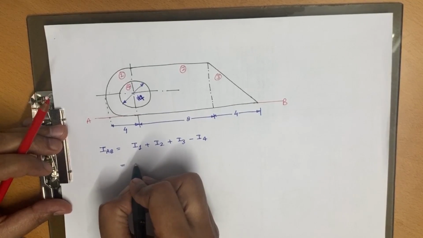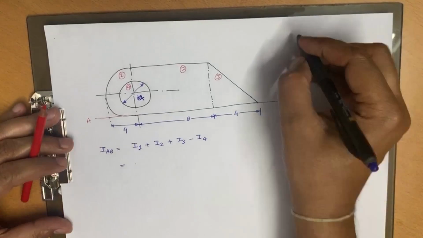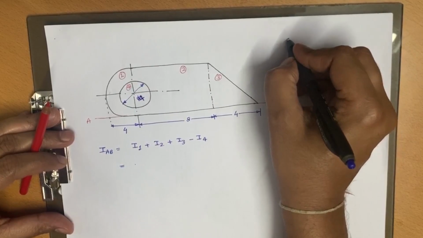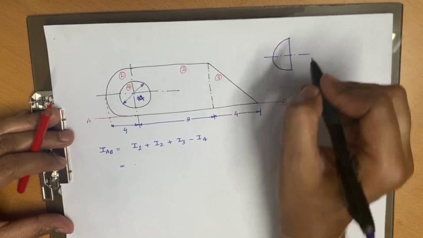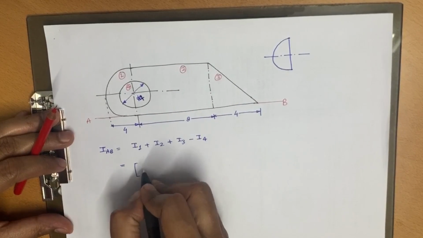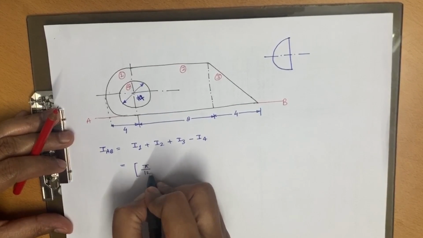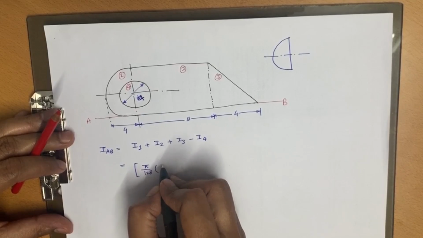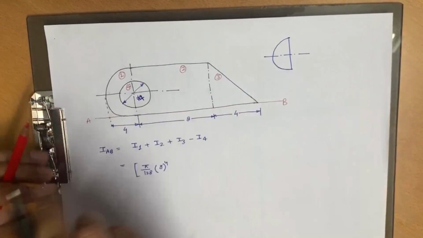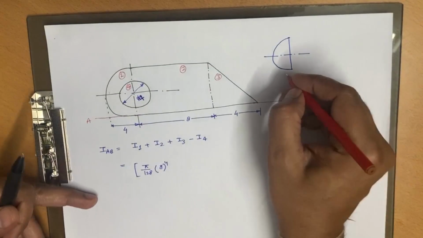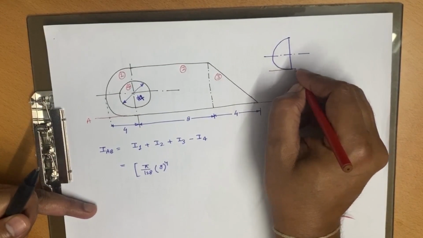And I_AB is, see, about this line you already know, pi by 128 d to the power 4, where diameter d is 8, so 8 to the power 4. But you have to find the moment of inertia about this line.